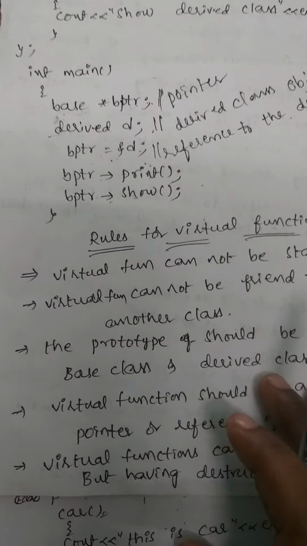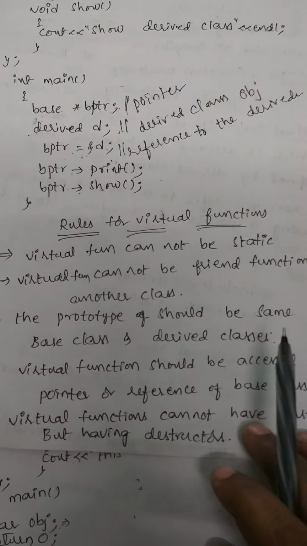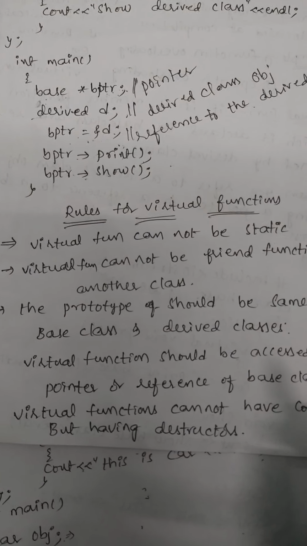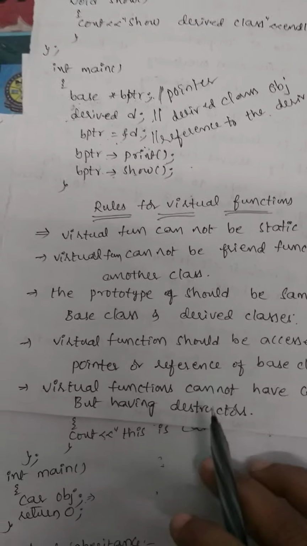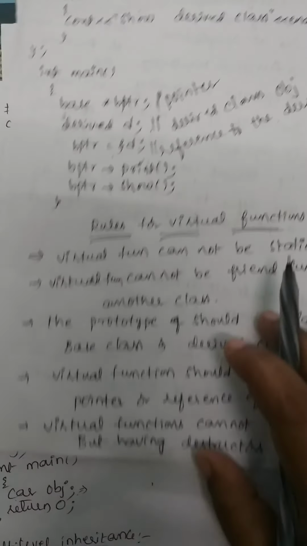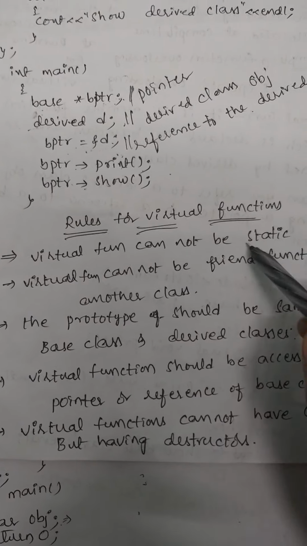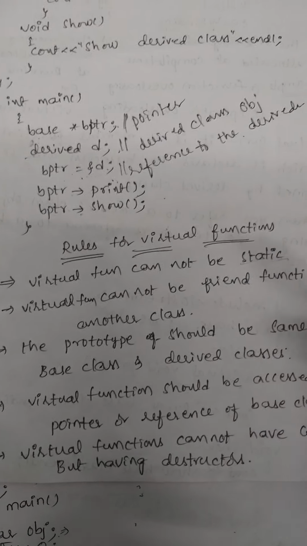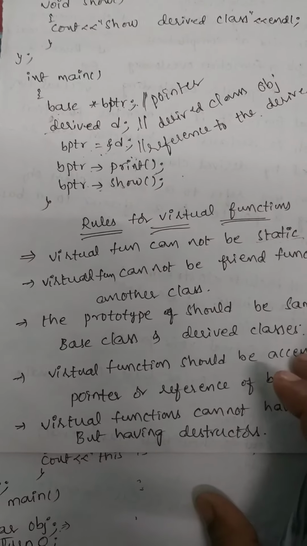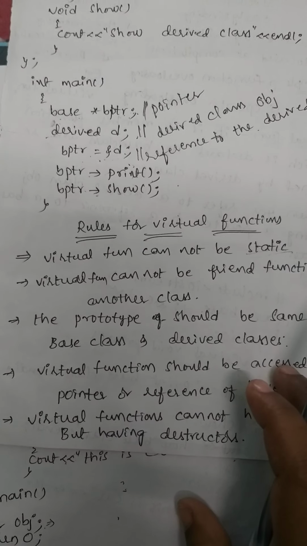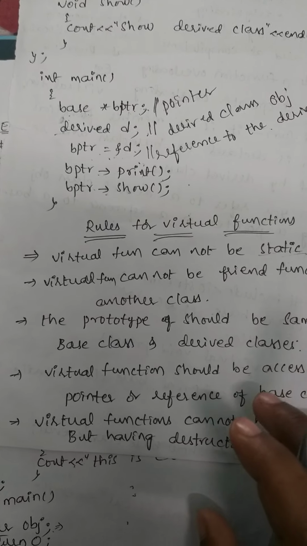First, you have to remember some rules to use virtual functions. The first rule is that virtual functions cannot be static. Static means predefined, but virtual functions are dynamic. At runtime, we have to allocate memory for the members.